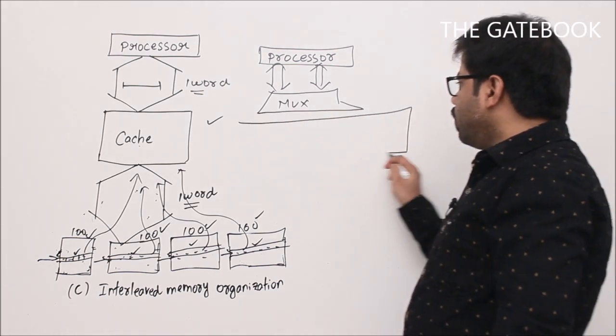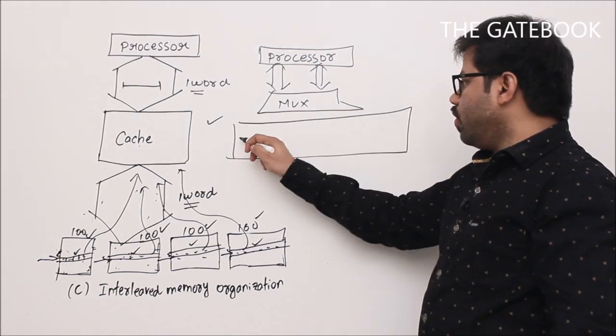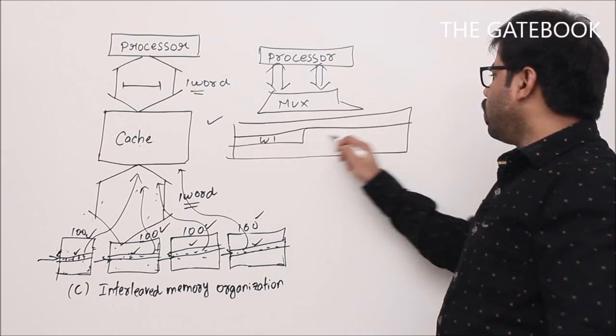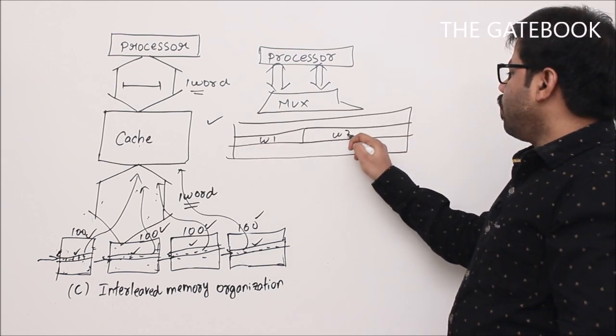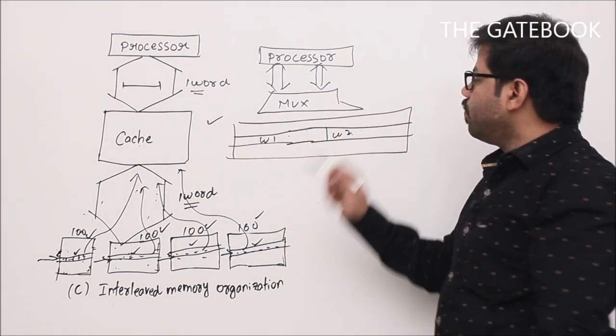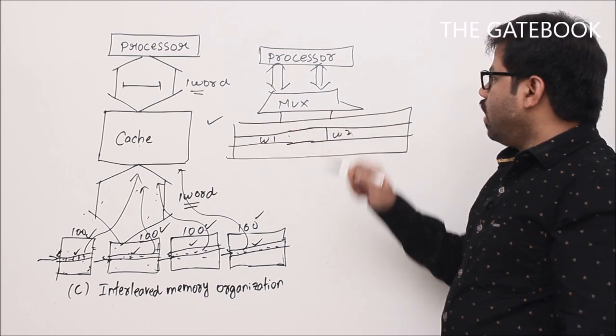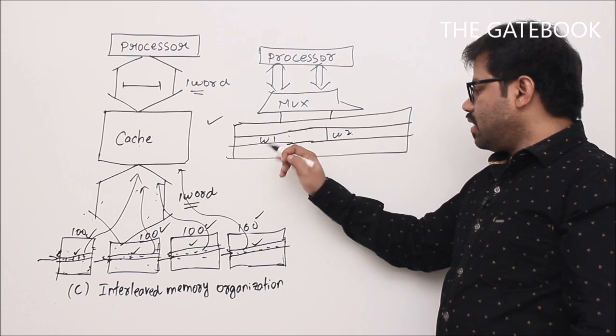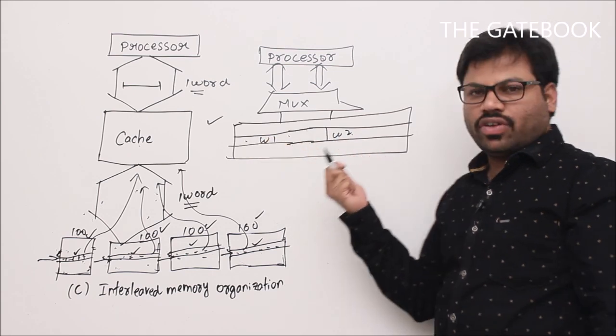Since this cache's width is two words, word number 1, let us say this is word 2. Now at any time the processor wants only one word, but your cache has a row size of 2 words, right?